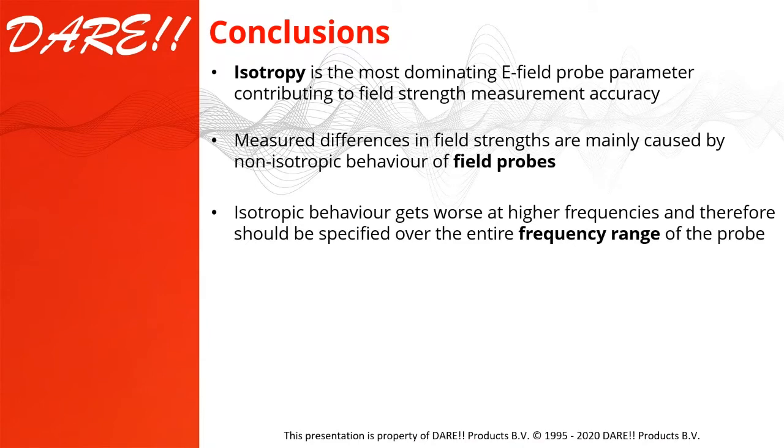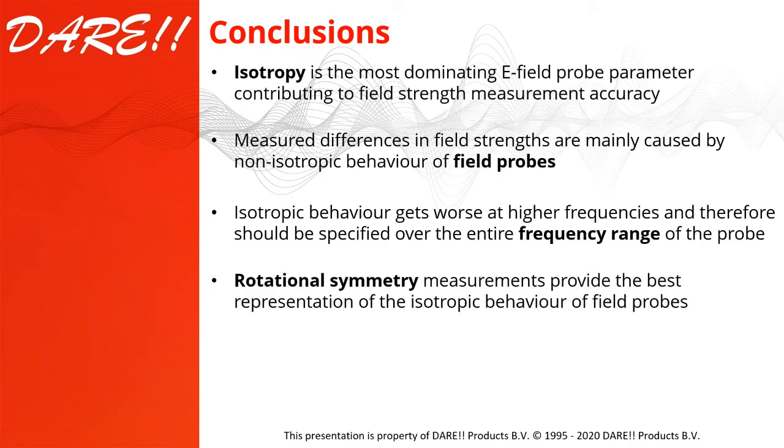The isotropic behavior gets worse at higher frequency, and therefore we think they also should be specified over its entire frequency range, and not only on the single spot frequency. And rotational symmetry measurements give the best indication of what is the real isotropic performance of a field probe.